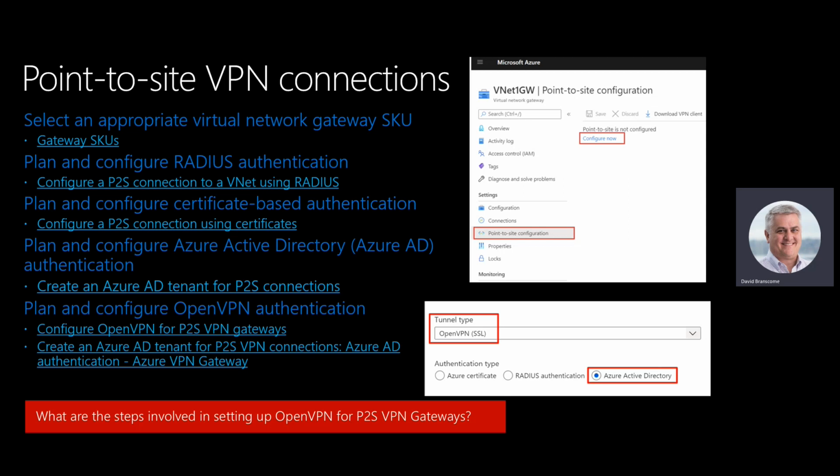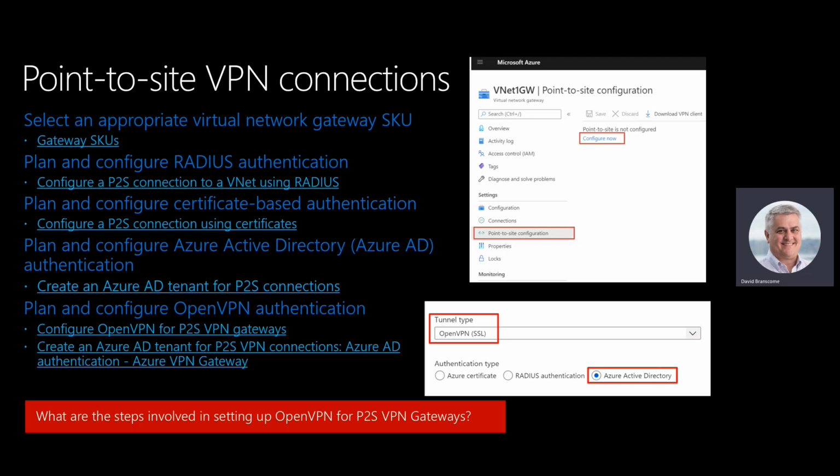Now, your point-to-site authentication methods. When you want to authenticate a user over a point-to-site VPN connection, there are two specific mechanisms that you can leverage, at least from the exam perspective. The first is authenticating using native Azure certificate authentication.